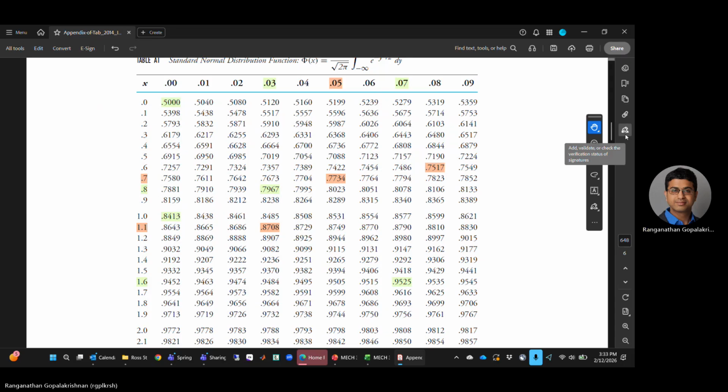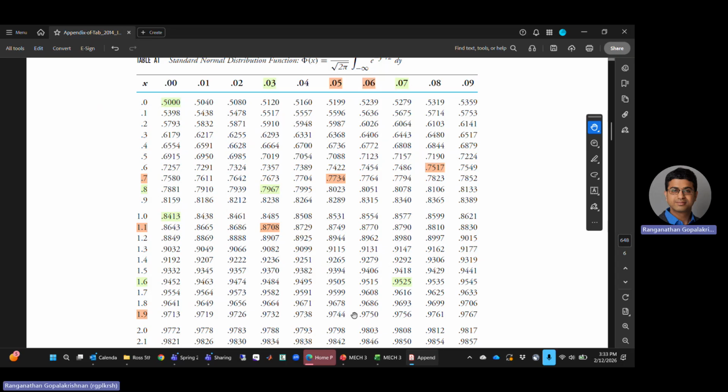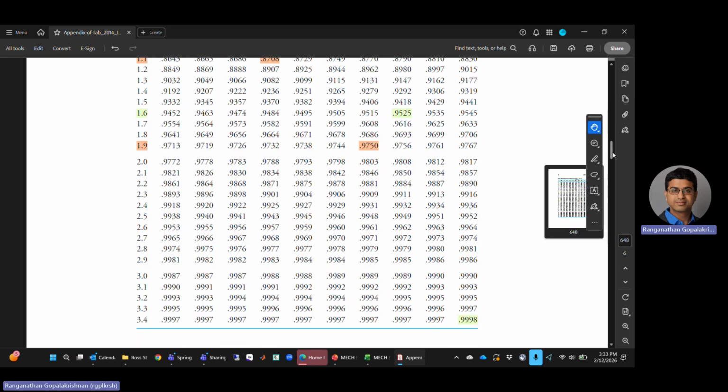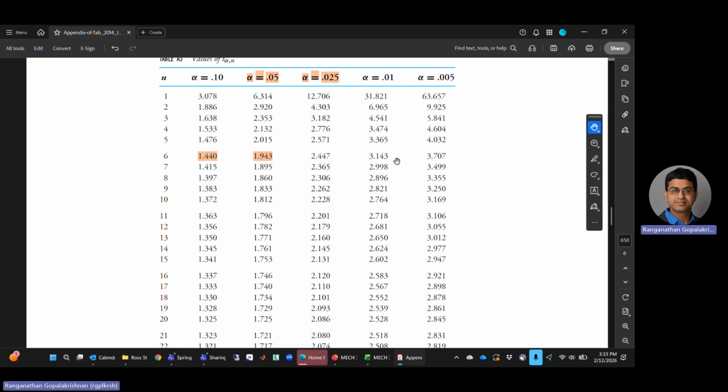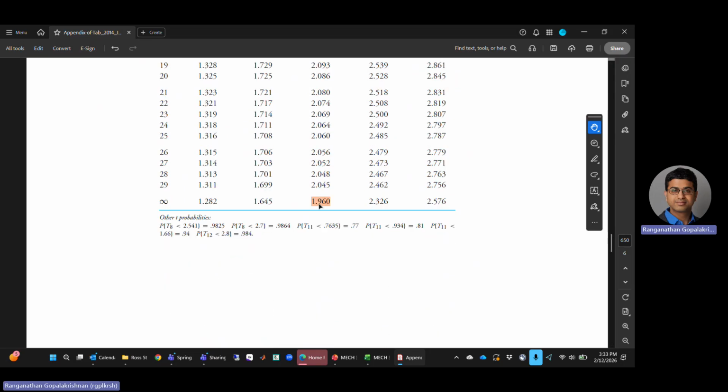If I take 1.96, I get 0.975. Can you intuit the connection between 1.96, 0.975, and the table that we just saw, which for alpha equals 0.025, at infinity, gives 1.96? The same two numbers appear in two tables. What's the connection?